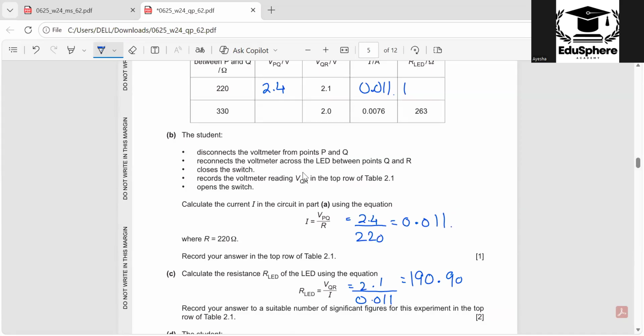So I'm writing 190.9. Now record your answer again in the top row. So I have recorded it.